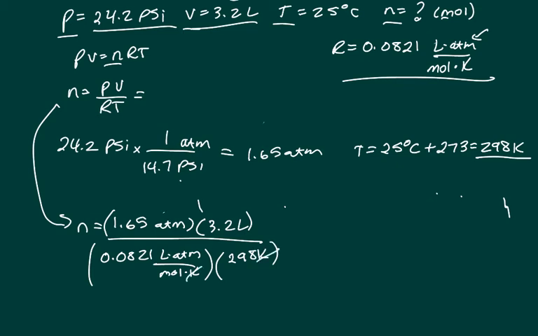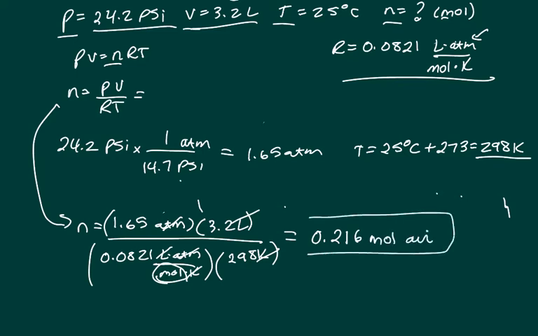So the Kelvins cancel, the ATMs cancel, the liters cancel, and perfect, we're left with moles, and that's exactly what we are looking for. So 1.65 times 3.2 divided by, and then we're going to close the parentheses on the bottom, times 298. So you should have gotten 0.216 moles of air in that basketball.